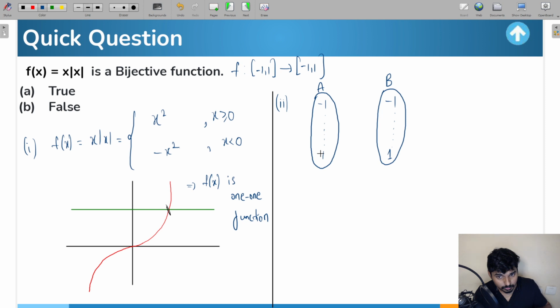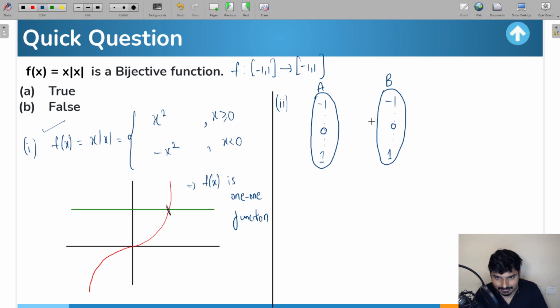Now, according to this particular function, if you take any value of x greater than or equal to 0, let us say 0 here and 0 here, the value of the function that you get is also going to be positive because it's positive x square.